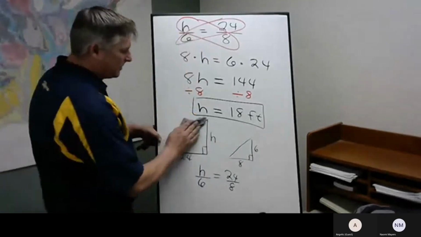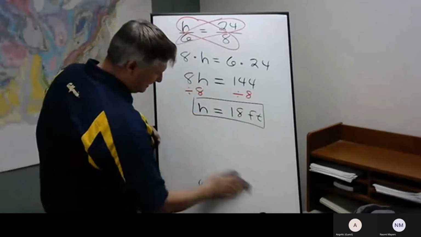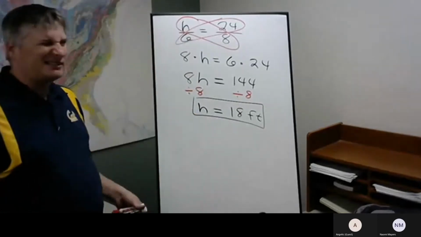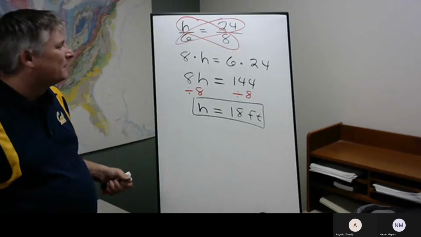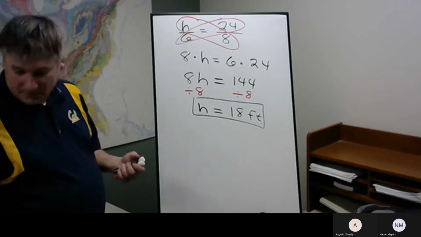So I do want to mention something because it could bring in a little bit of confusion, like, how do you know you're doing this right? And it's going to be this.